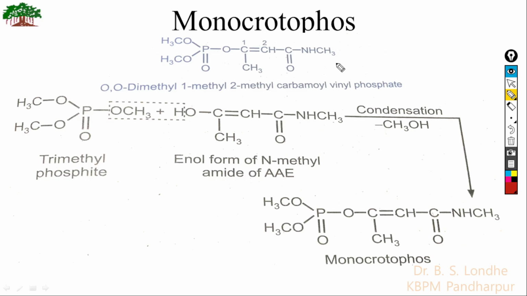So the Monocrotophos, as this is the structure, the synthesis is very simple, and it is a single step reaction in which trimethyl phosphite reacts with the enol form of N-methyl amide of acetoacetic ester.